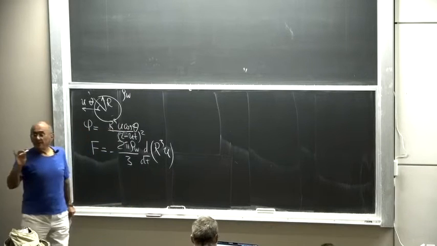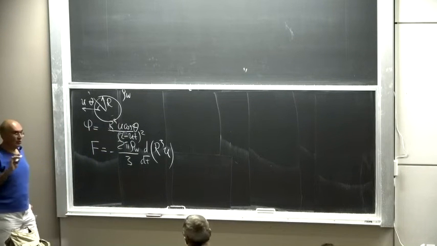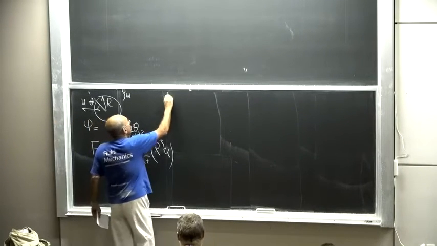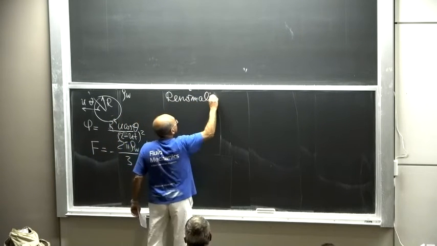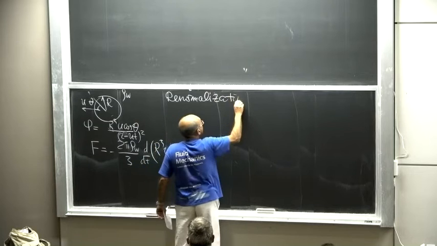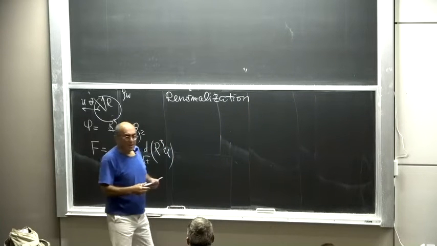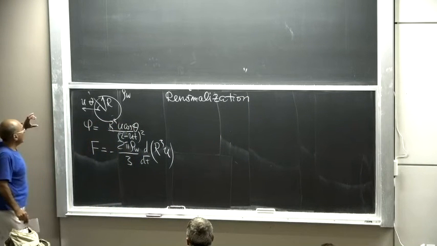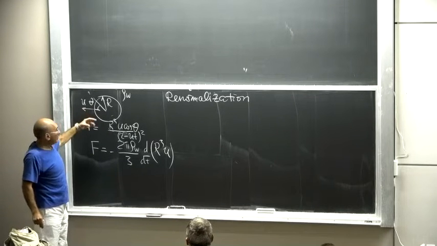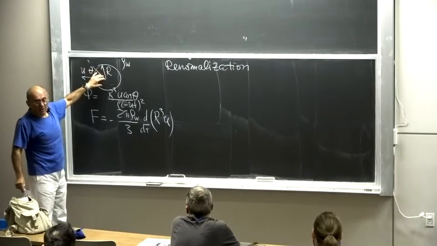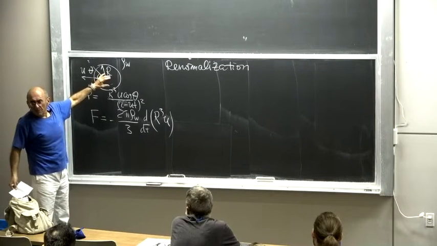This is the first lesson which fluid mechanics taught the rest of physics, and this lesson is called renormalization. It tells you that if you apply any force to a body, of course, it's equal to the time derivative of the momentum of this body. For an air bubble, this momentum is negligible.